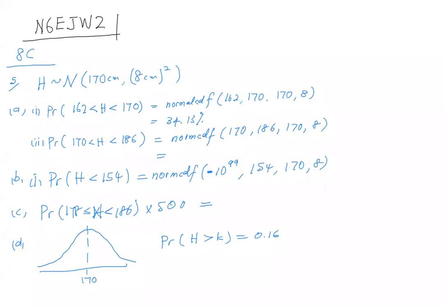When you have greater than, that means this is the area to the right of K. So K should be here. The area to the right of K is 0.16.